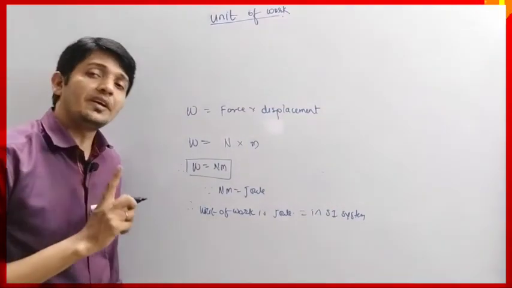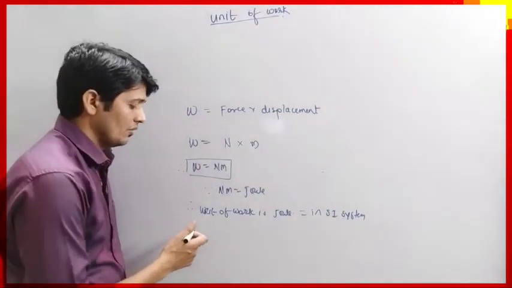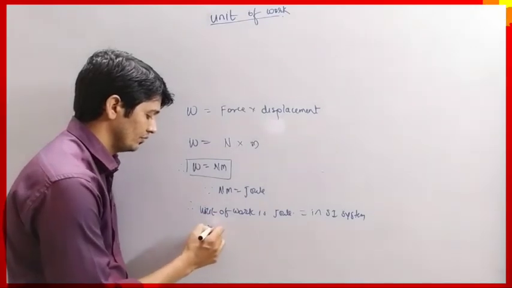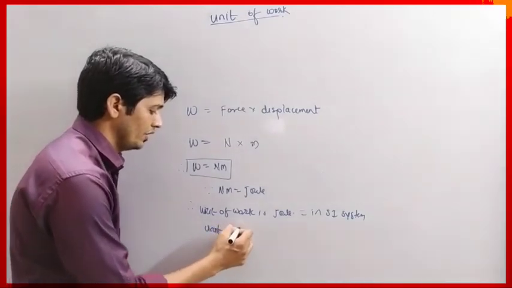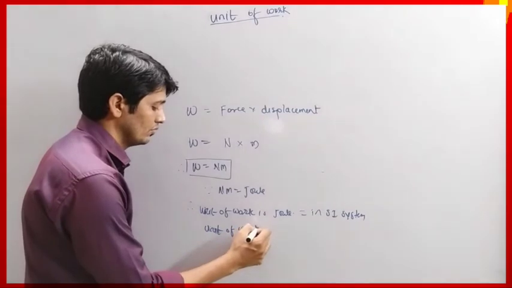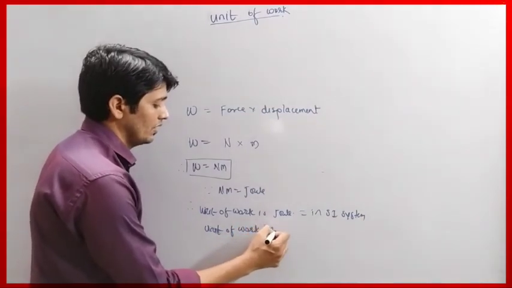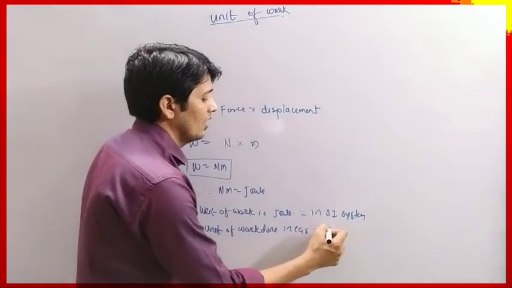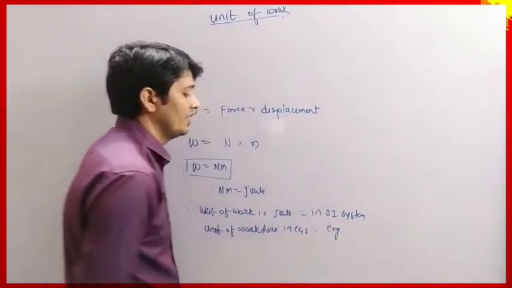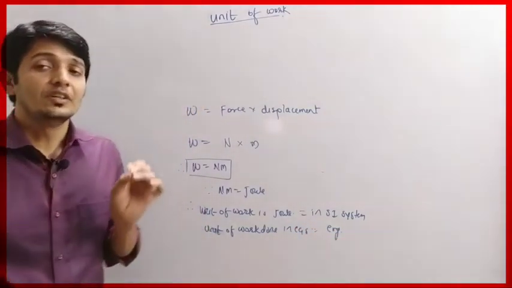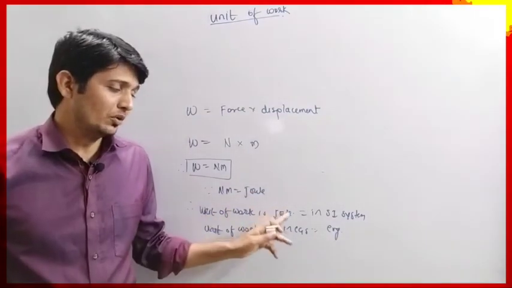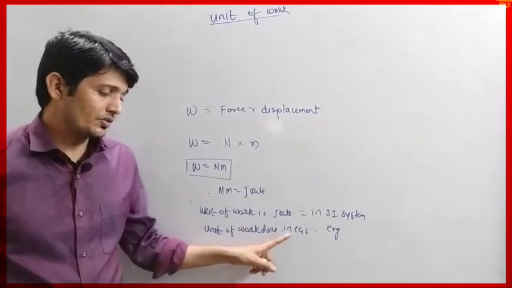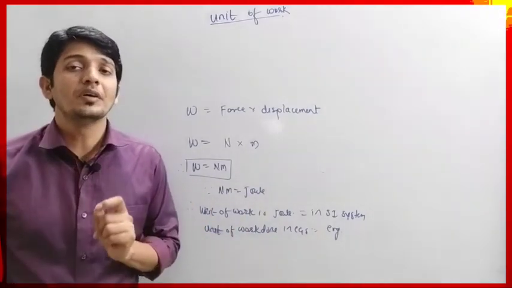It is Système International. Okay, now we have the unit of work done in the CGS system. It is erg, which is a small unit as compared to the SI system. The full form of CGS is centimeter gram second.